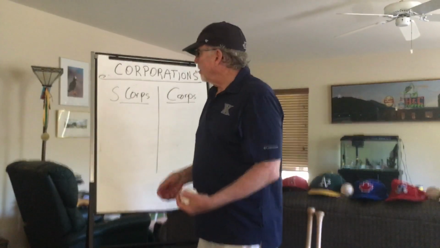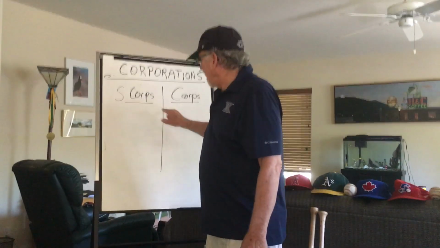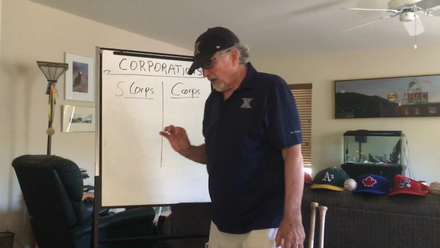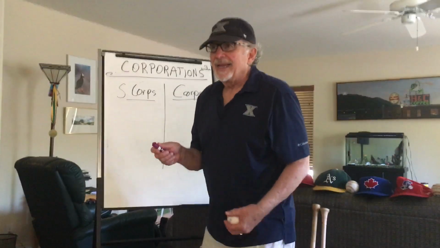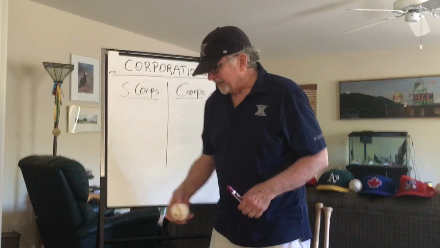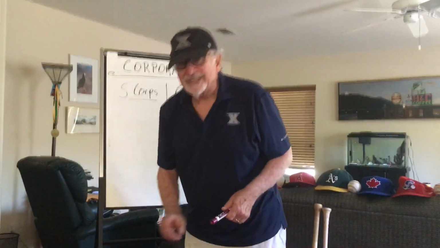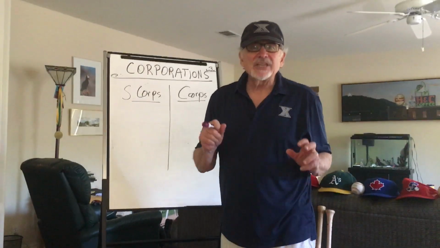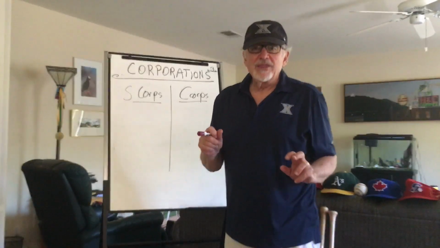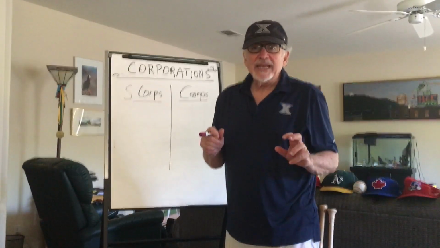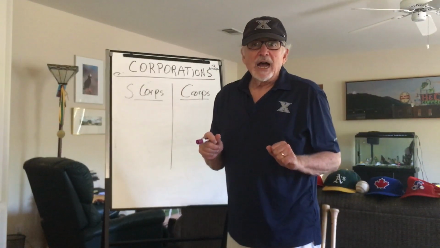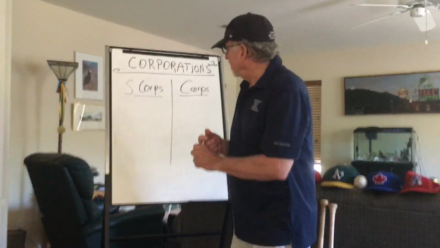Anyway, we're going to talk about S corporations and C corporations today. One of the things that you need to understand is that S corporations and C corporations are essentially a tax device. They are taxed in accordance with particular subchapters of the Internal Revenue Code.